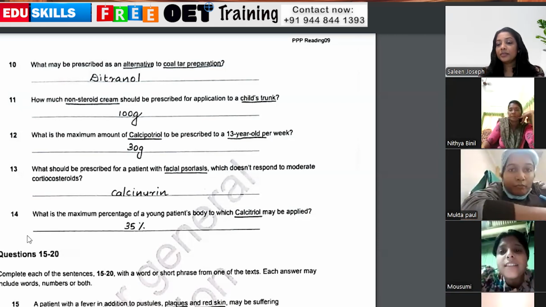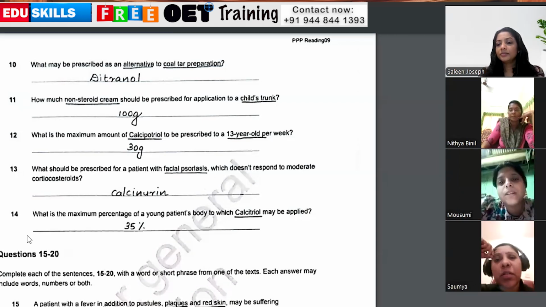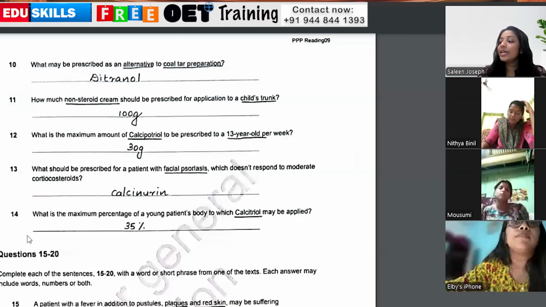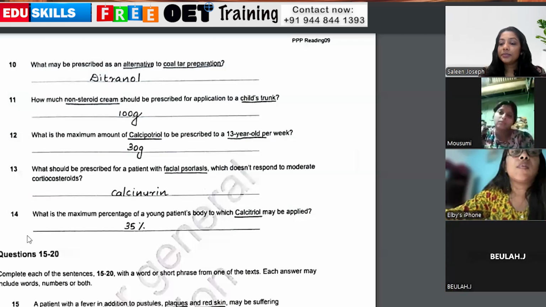The previous slide I showed also says 35%. The answer is 35%, because they asked what is the maximum percentage of the young patient's body. So you can write 35%. It is not wrong. It is correct.